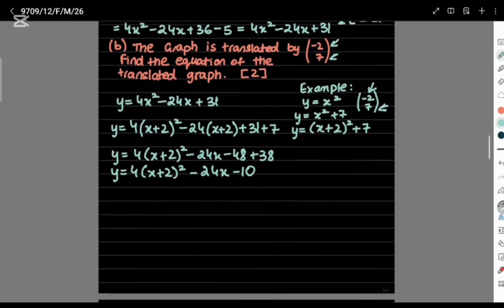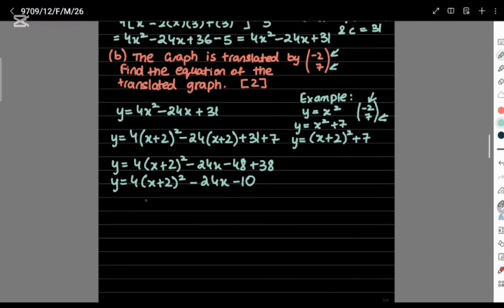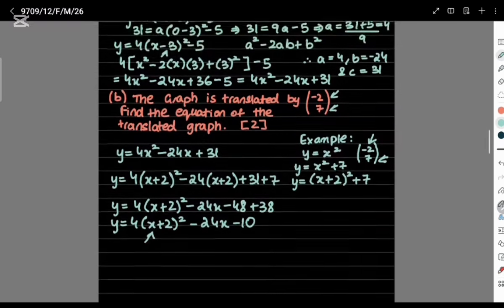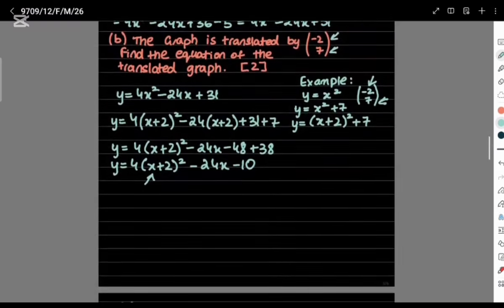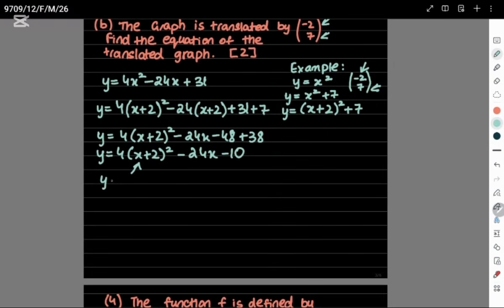That's it. Now, why didn't I expand this? The reason is they never asked us to answer in a specific format, so I can just leave it like this. But for the sake of understanding, let's expand it. 4 into x squared plus 4x plus 4, minus 24x minus 10.